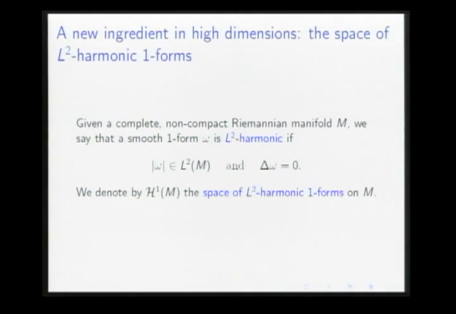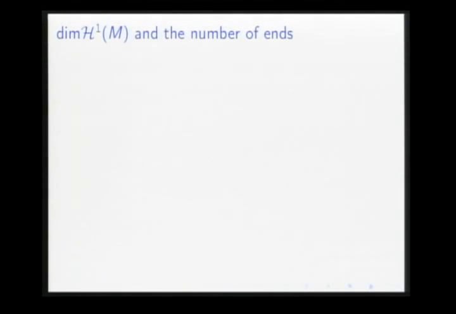And of course, denote by H1 this space. And of course, we can define similarly the space of L2 harmonic L-forms, L bigger or equal to 1. And so the dimension of this space is related with the number of the ends of the manifold.